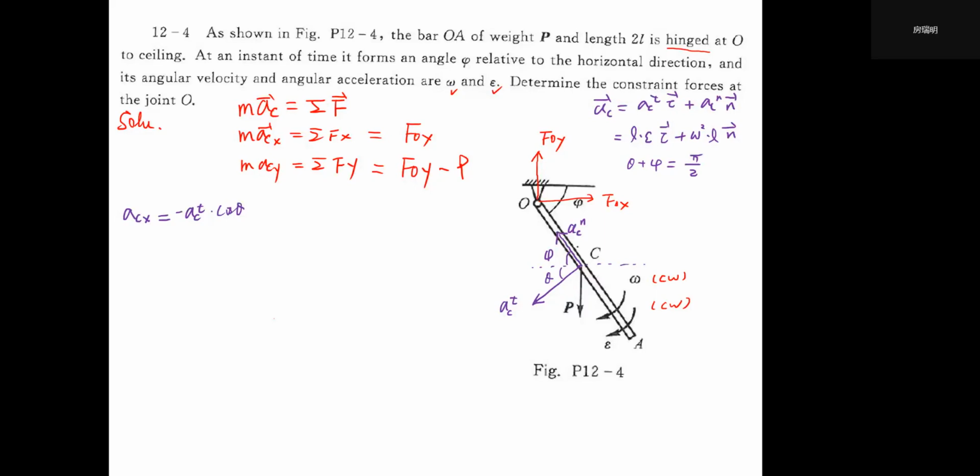And here we have ACN. It has ACN times cosine phi, also pointing in the negative direction. So we have minus ACN cosine phi.